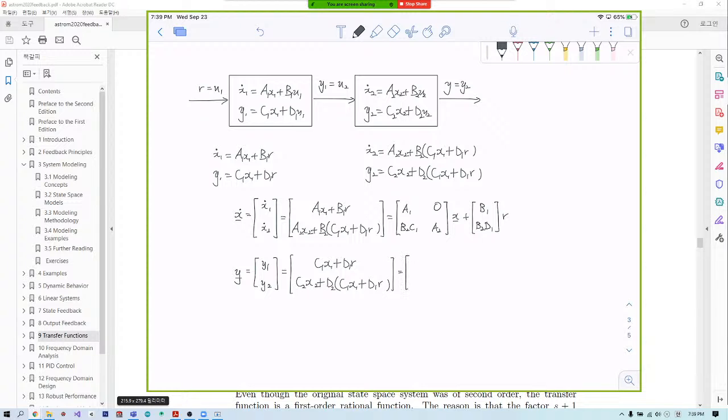What are we gonna have here? C1 goes here, 0, B2, C1, and C2 for x, and we have D1, D2, D1 for r right here.